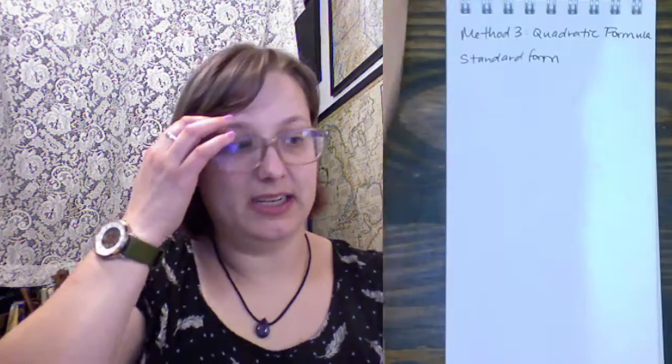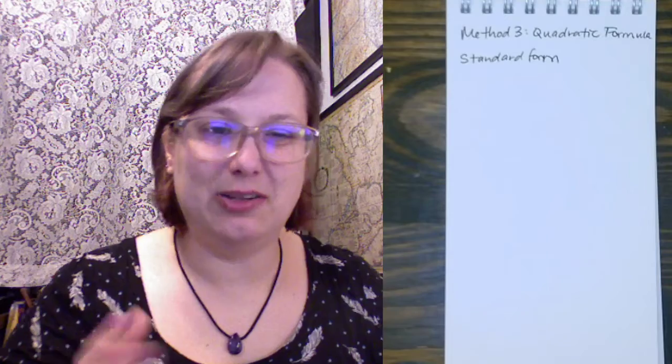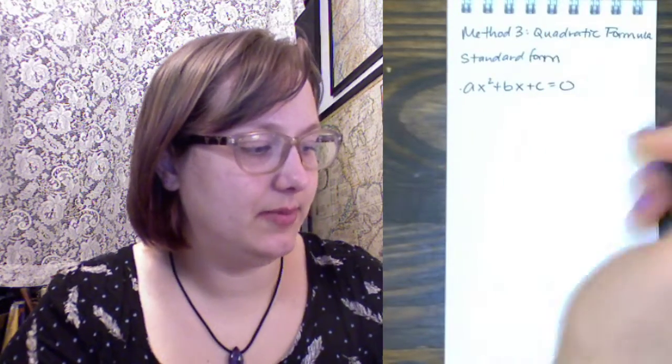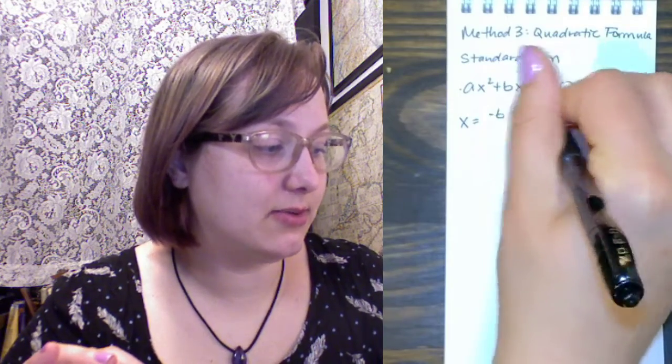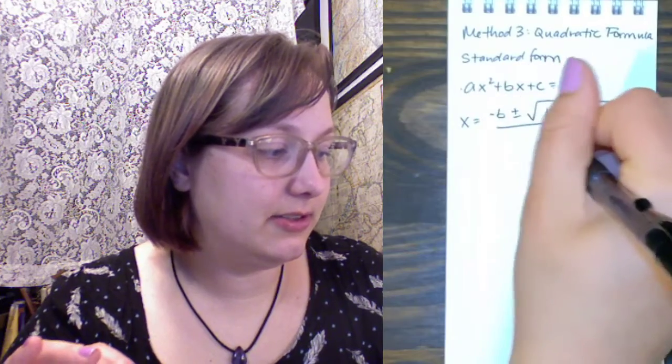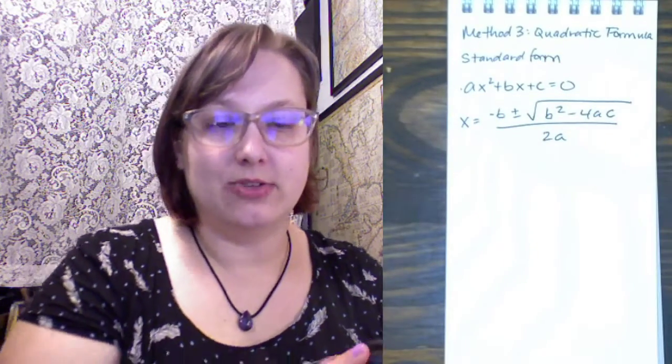It's standard form, but I don't know why it's so fuzzy. I can post pictures of these too. So if it's ax squared plus bx plus c equals 0, then the quadratic formula is negative b plus and minus the square root of b squared minus 4ac all over 2a. Okay, so that's the quadratic formula.